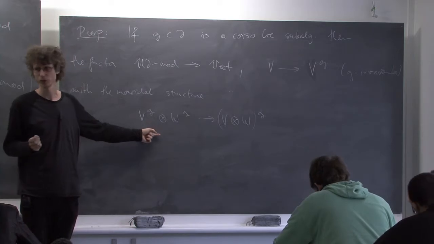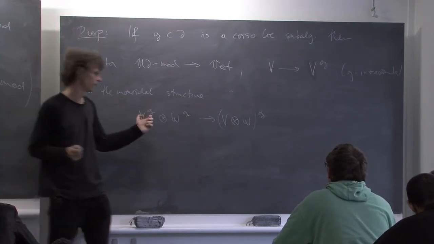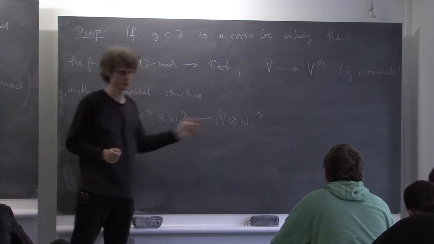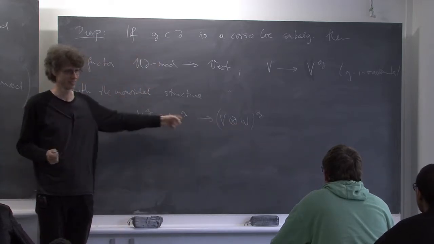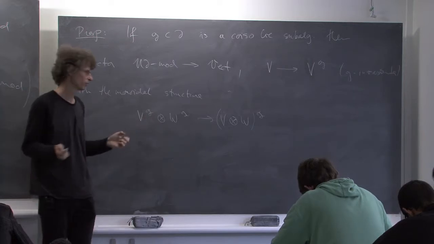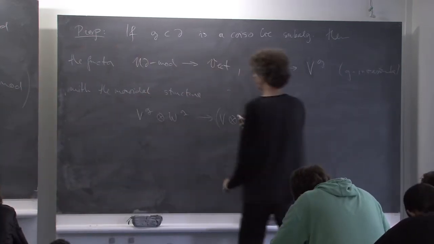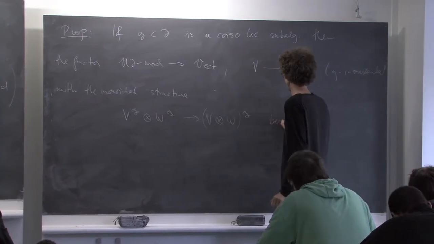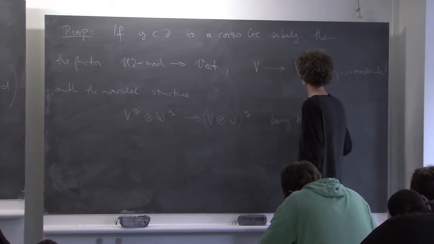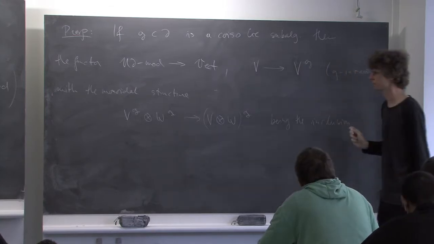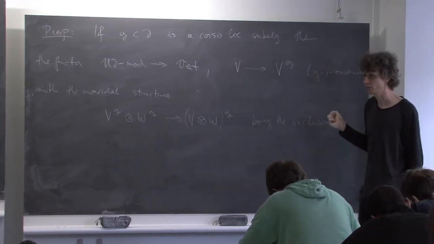And there is one map which is totally obvious, right? These are invariants under a diagonal action. These are invariants under both actions. So this is simply being the inclusion.